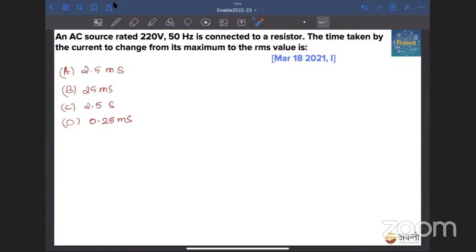So look here. Those who have not got the answer, look here.